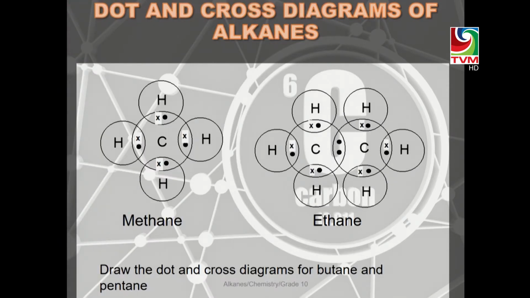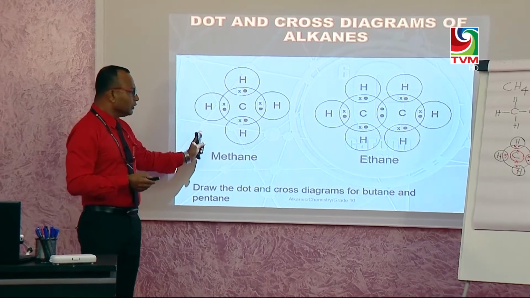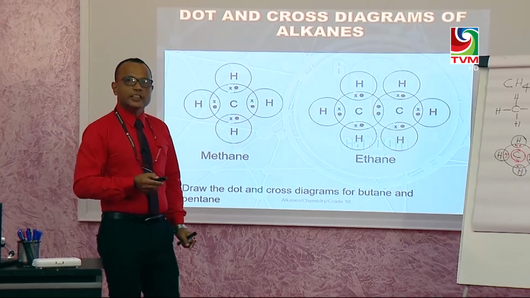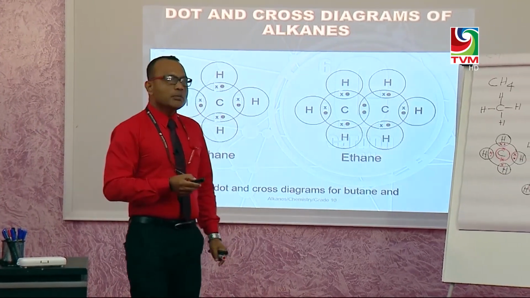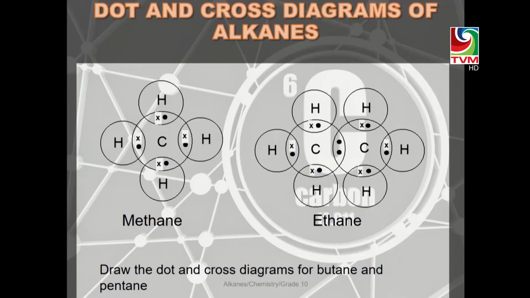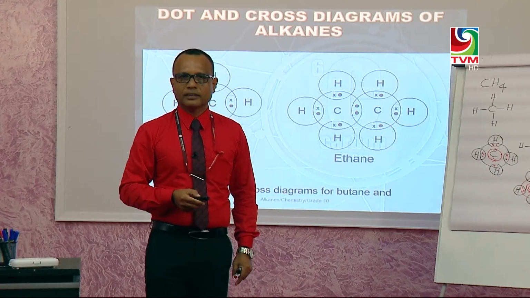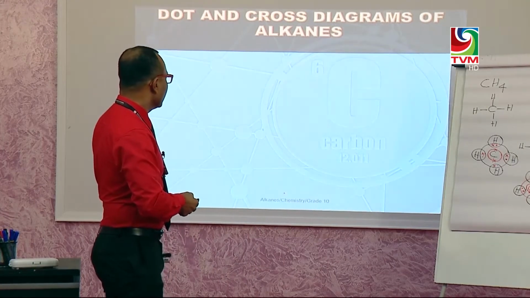You can see these dot and cross diagrams show outer electrons only, not showing inner energy level electrons. But in some questions it may be asked. Now, it is your time. Take a minute, draw the structural formula of propane. It is here.